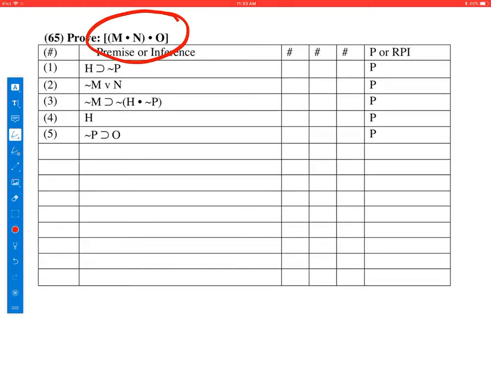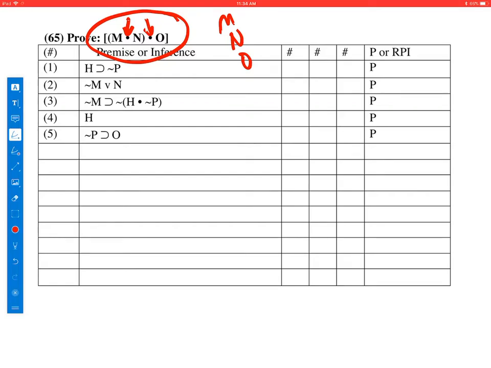So let's move to the next. 65 here. Let's prove this big blob here. Now, I don't see anything approximating that blob or its opposite in an antecedent, and I notice, however, that all the operators are conjunctions, so if I can go get all the parts, M, N, and O, separately, I can just put them together using conjunction. So, let me see.